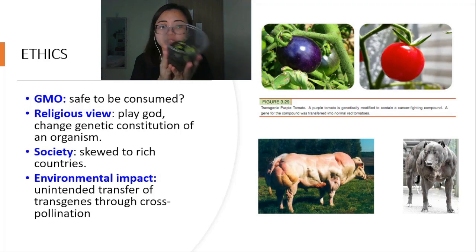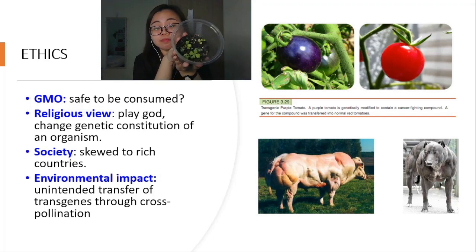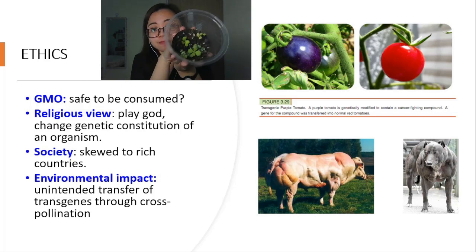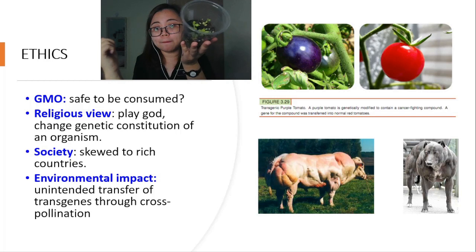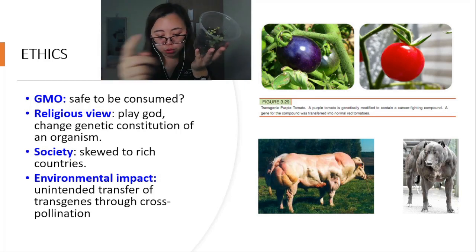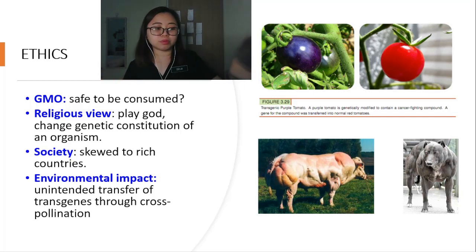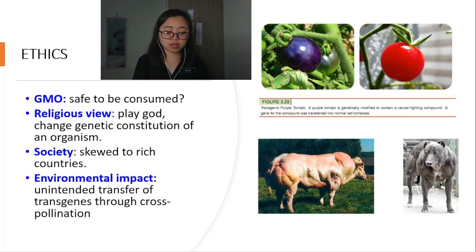Okay, benih dia ataupun debunga dia akan pergi kepada tumbuhan-tumbuhan yang natural. Apa kesan transgenic genes ini pergi keluar daripada kebun kita, masuk ke dalam hutan, masuk to other people's place. So there may be impacts, there may be effects that we don't think about when we are doing the research.